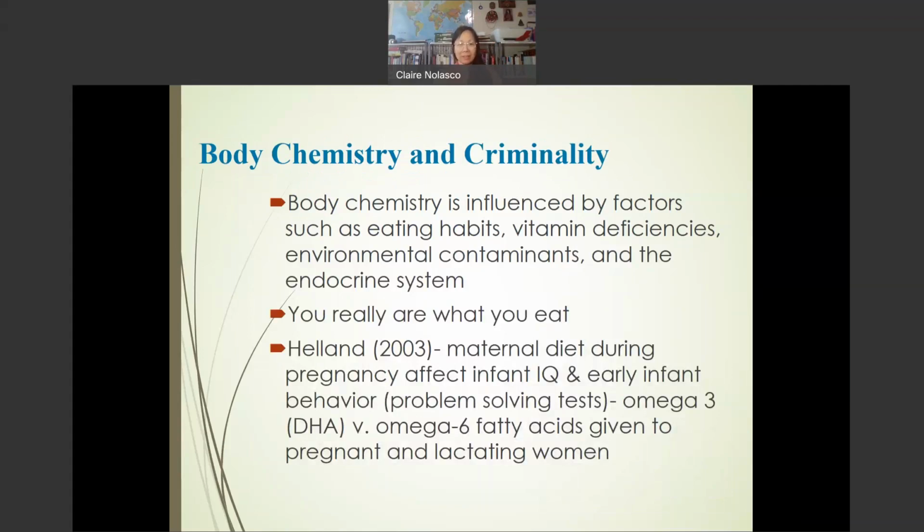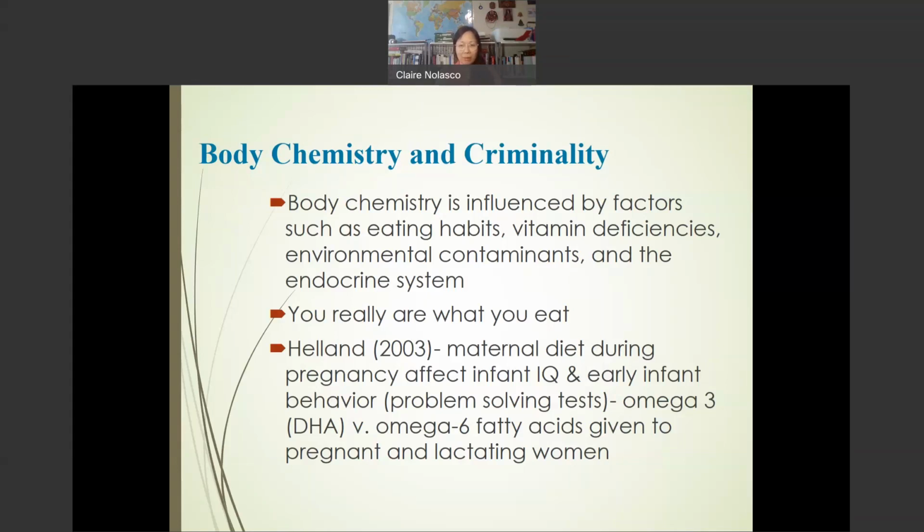In one study by Helland in 2003, she found that maternal diet during pregnancy affects infant IQ and early infant behavior. What the study did was to supplement the diet of pregnant and lactating women by giving some of them omega 3 DHA and giving others omega 6 fatty acids.